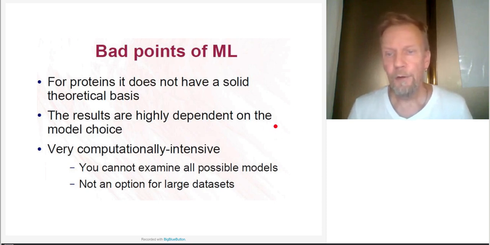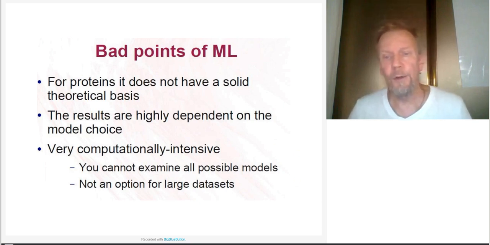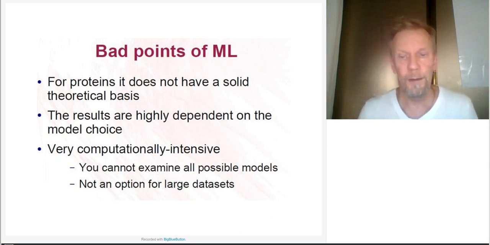And the results are quite dependent on the model you choose. We'll see the different protein models in MEGA. And also it's computationally intensive, so that the models need to be quite simple, and often you don't have the time to compute fully resolved large trees using 5 different models and compare them.